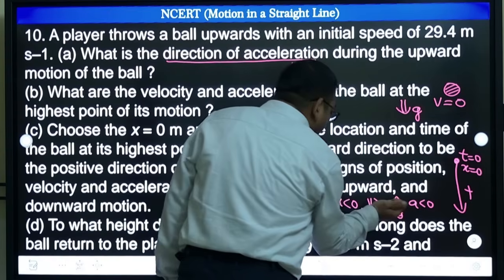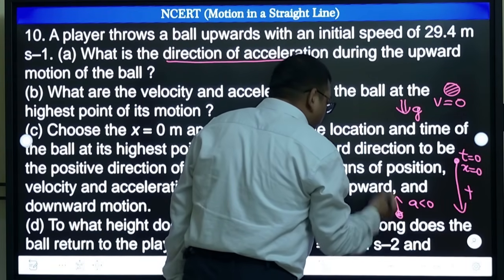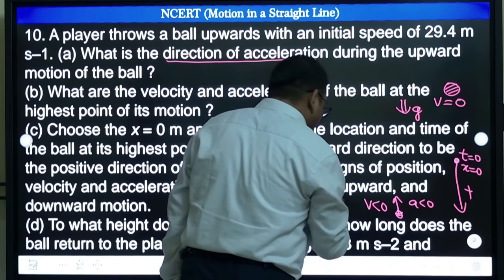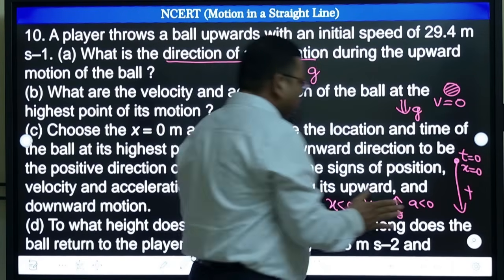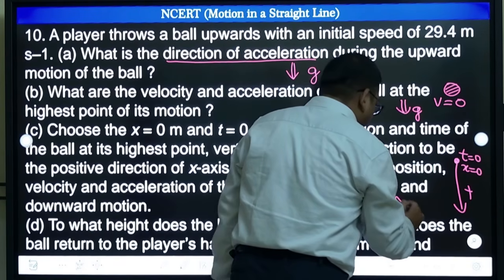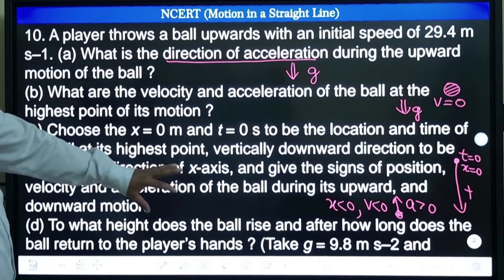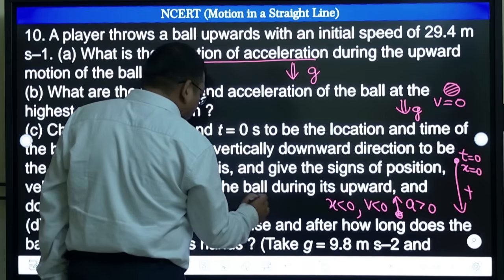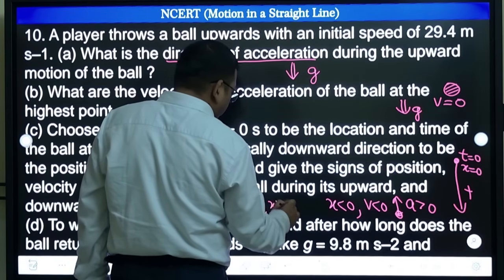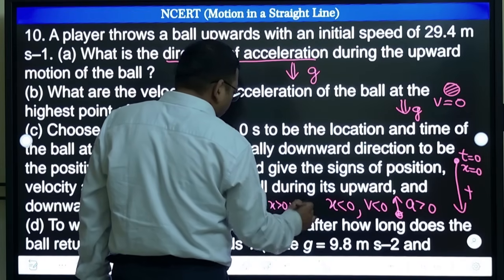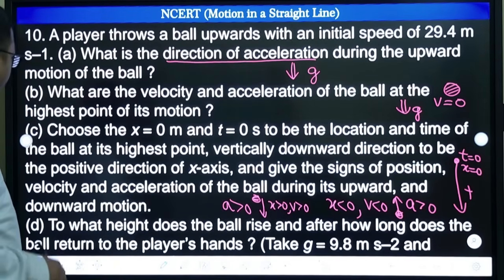The body is moving upward, so during upward motion velocity is still negative, position is also negative. So position and velocity are negative, but acceleration, since downward direction is positive, is positive. So this is for upward motion. What about downward motion? When the body is moving downward, x is positive, velocity is positive. Acceleration anyway is positive. Acceleration is always positive. So we know that already.